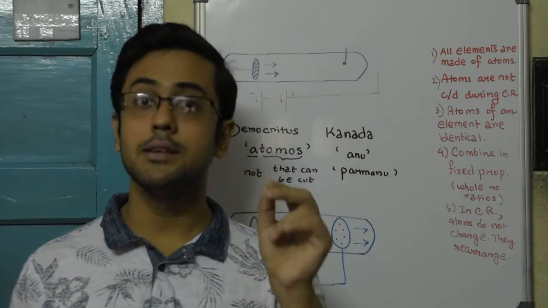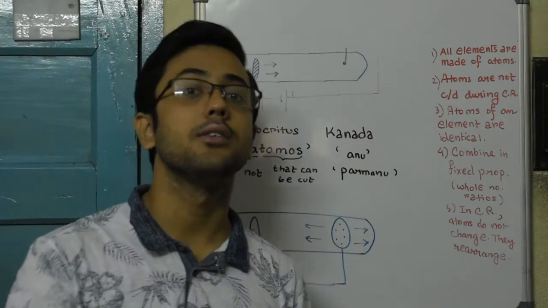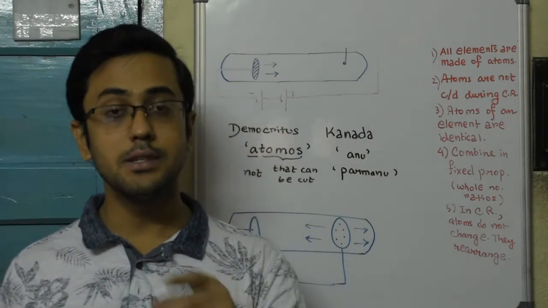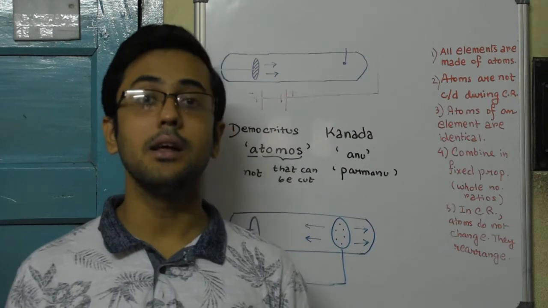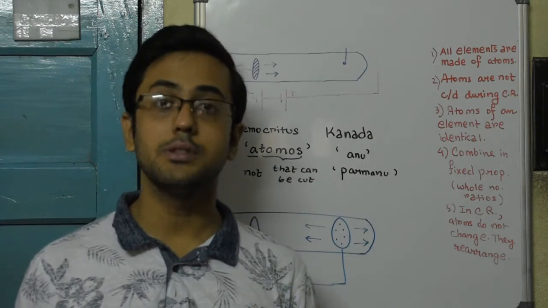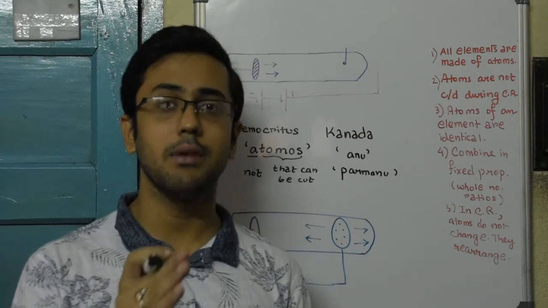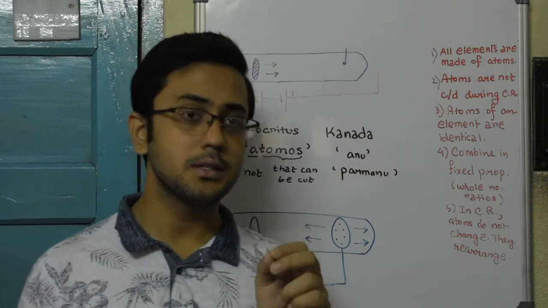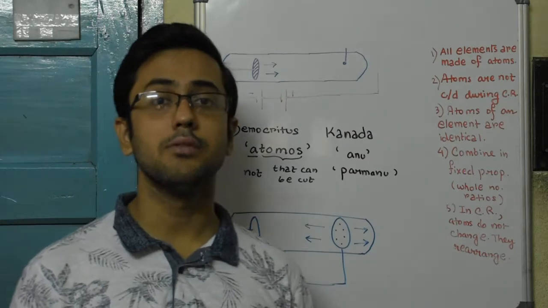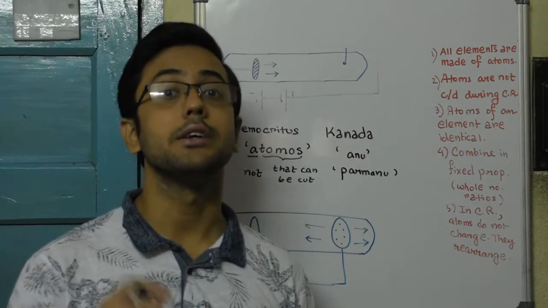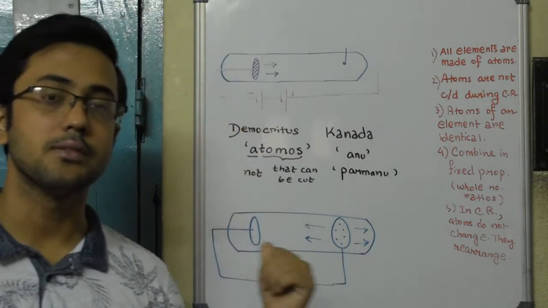That thin slice, you cannot cut it any further with the knife. So using that reasoning, he said that in a similar manner, if we have the sharpest tool and keep on cutting any matter, there will come a state when we will reach the level of the atomos, and then we cannot cut it any further, and thus he gave this name.